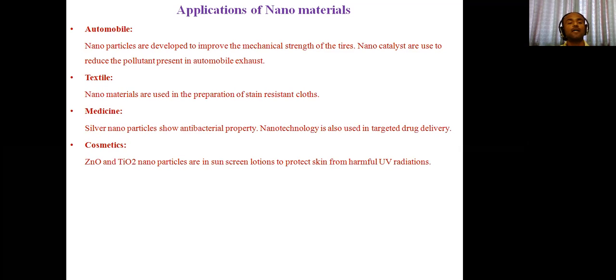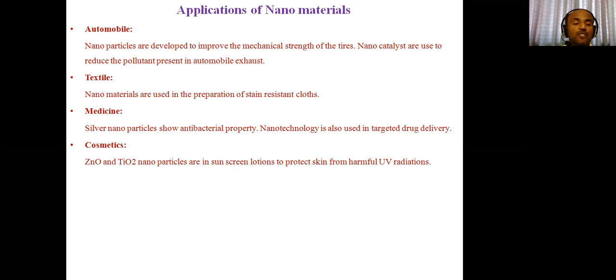Next application is in automobiles. Nanoparticles are developed to improve the mechanical strength of the tire. Nanocatalysts are used to reduce the pollutants present in automobile exhaust. Next is in textiles. Nanomaterials are used in the preparation of stain-resistant clothes.